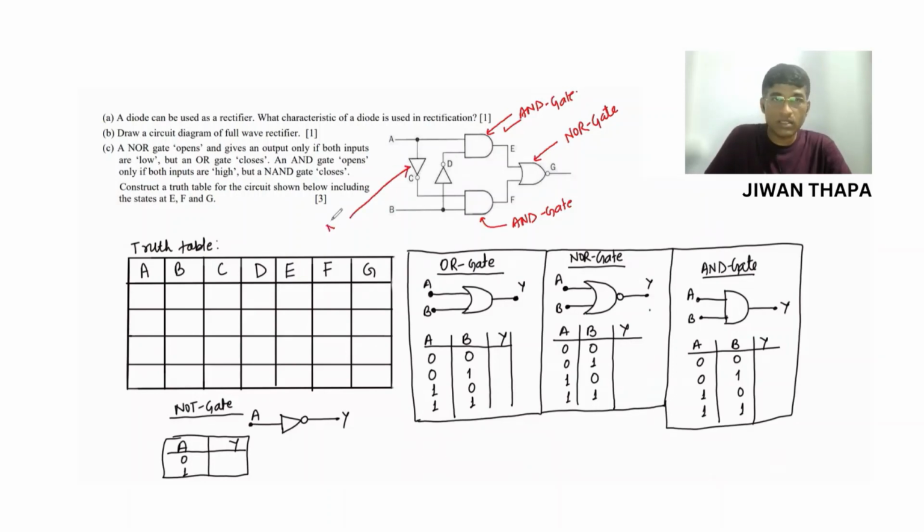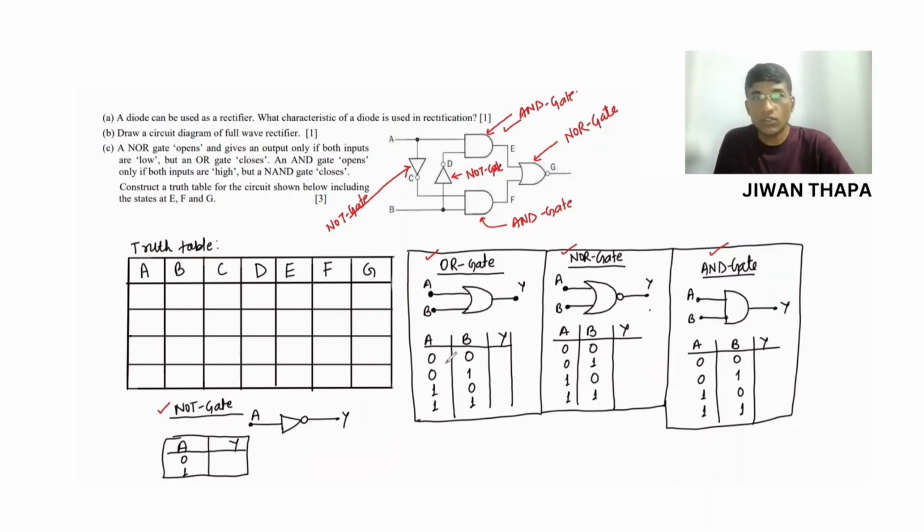So this is another NOT gate. Now, let us discuss the truth table for OR, NOR, and NOT gates.